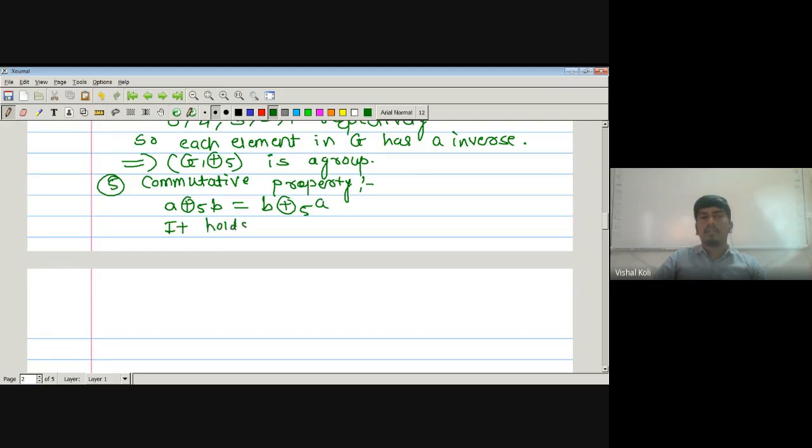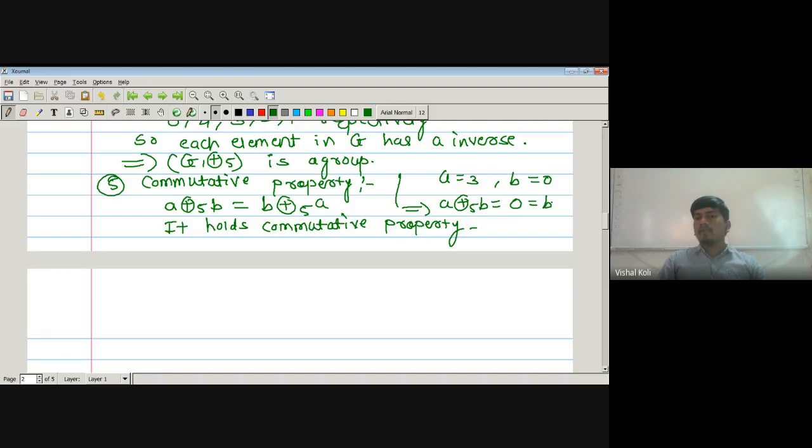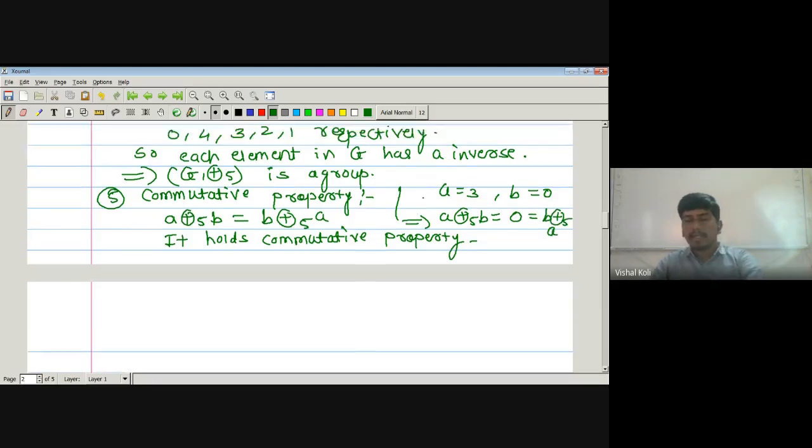For example, if A equals 3 and B equals 0, then A addition modulo 5 B is equal to 3 plus 0, which is 0 plus 3, nothing but B addition modulo 5 A. Therefore it holds the commutative property.